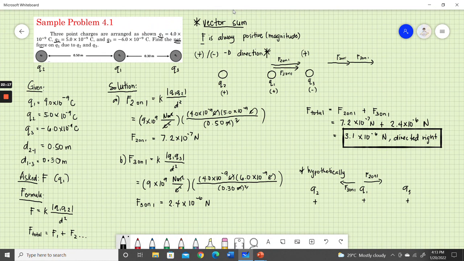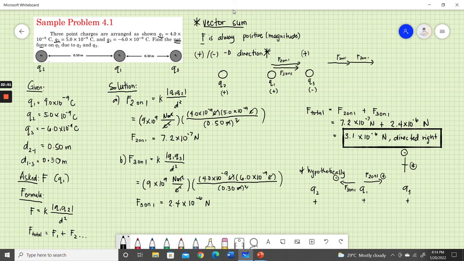So if I add these, they have opposite directions. I can choose this as my positive and this as my negative, following the coordinate system. Again, the sign is for direction. It's not the value of your F. The magnitude F will always be positive, and if I want to put direction, that's when I use the sign.